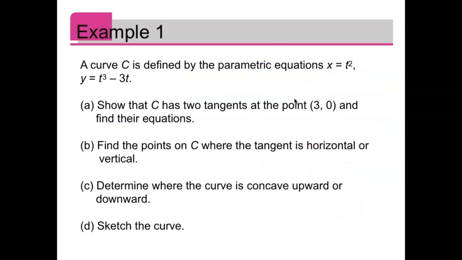Let's go back to this. B, find the points on C where the tangent is horizontal or vertical. Okay. So we're still looking at x equals t squared, y equals t cubed minus 3t.